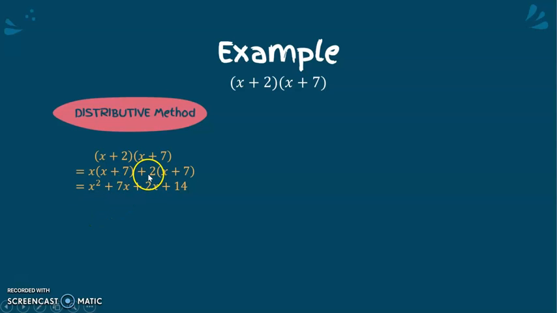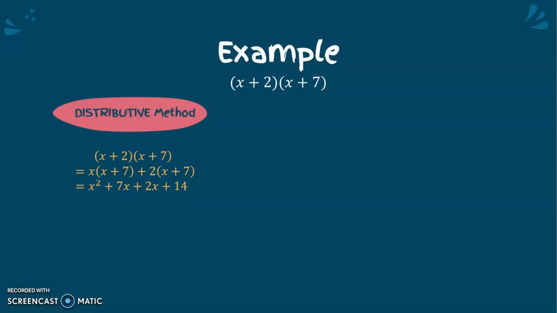Then positive 2 times x is 2x. And positive 2 times positive 7 is positive 14.